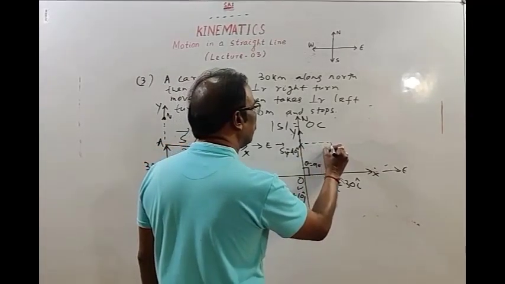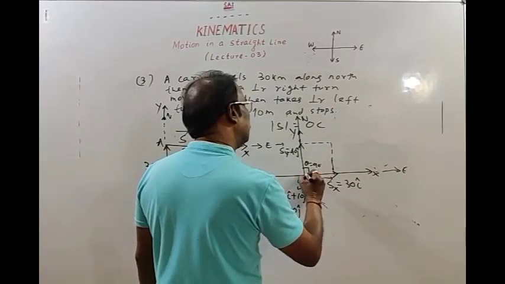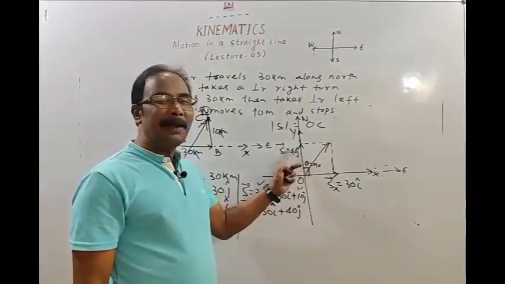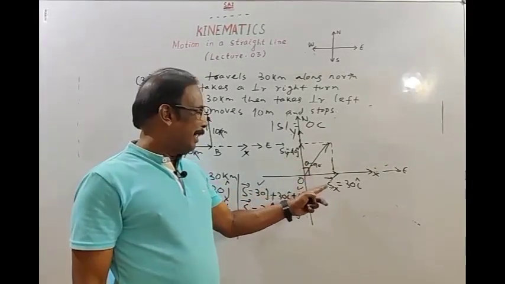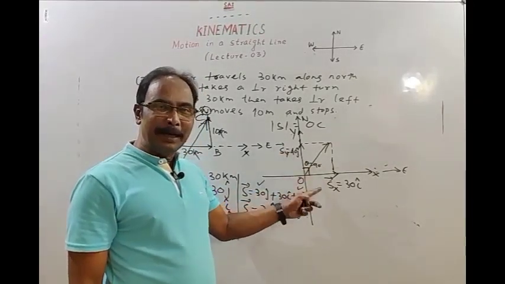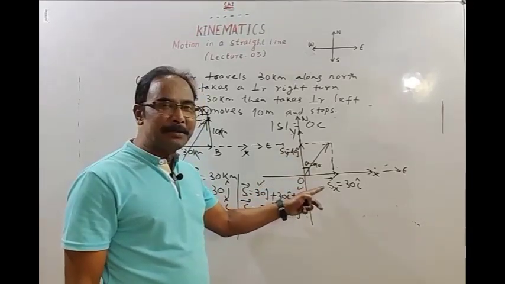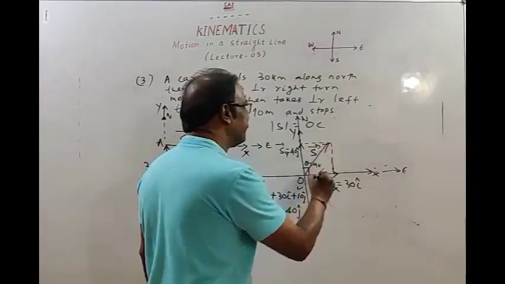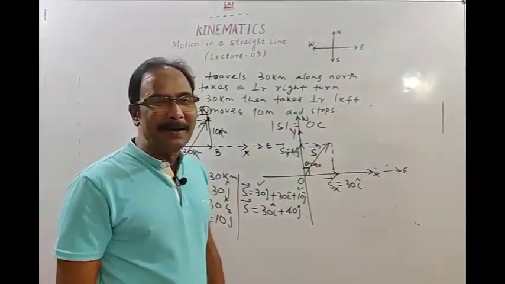Now complete the parallelogram. Okay. Then this is the diagonal of the parallelogram. See, Sx vector and Sy vector are along the x-axis and y-axis. So these two vectors are the rectangular components of the resultant displacement S. Okay, you know vector resolution.